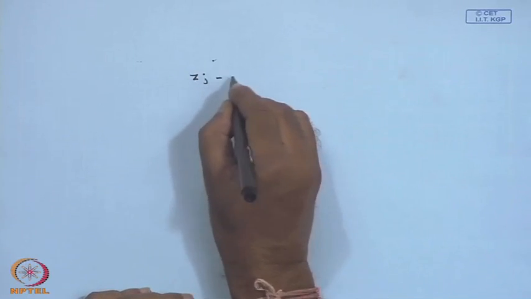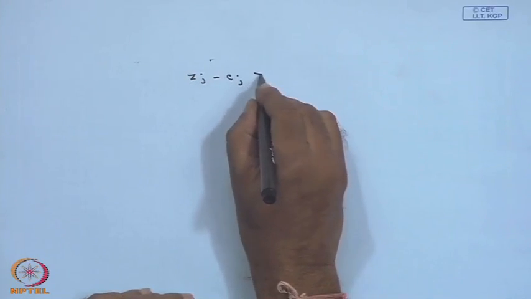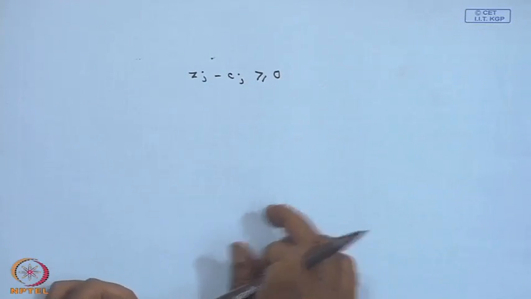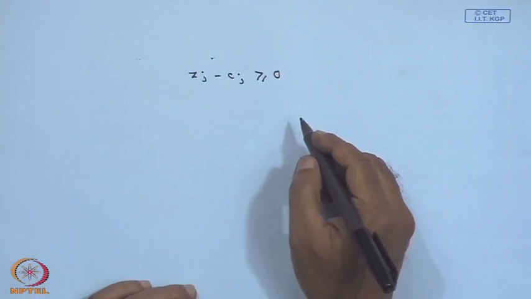If you note, in the simplex table we have Zj minus Cj. Whenever Zj minus Cj is greater than or equal to 0, we say that the optimum has been achieved.